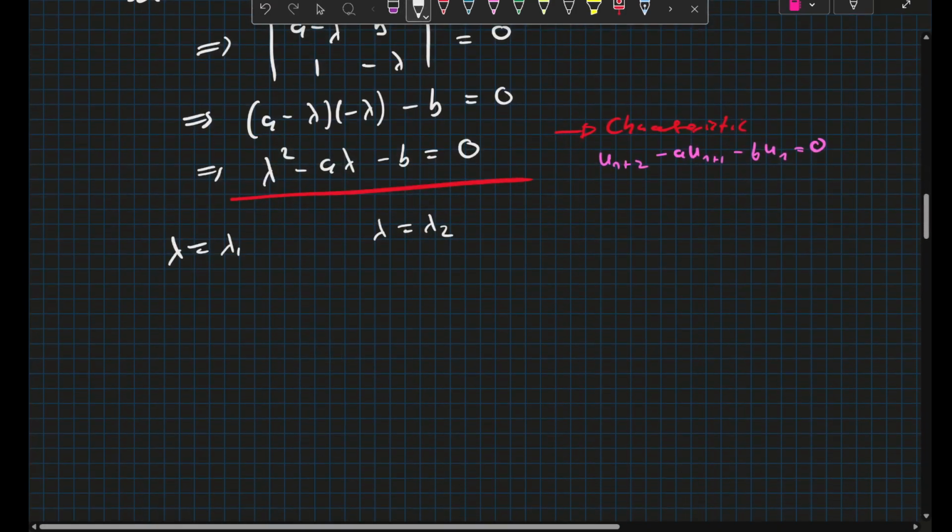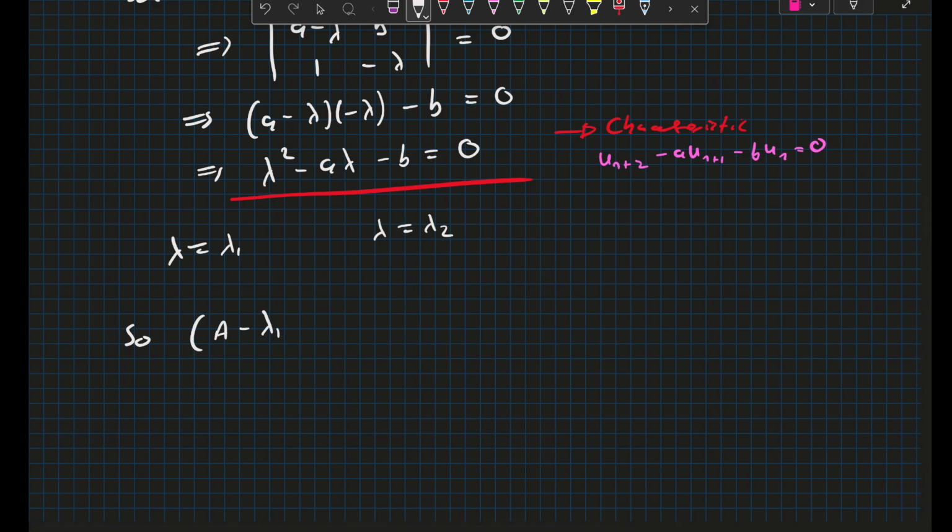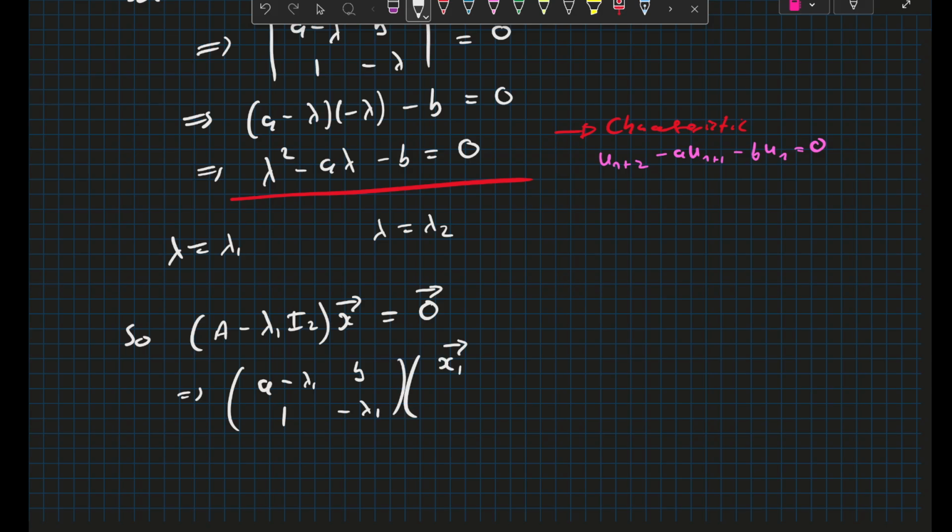Then we know that for these, A minus, in particular, lambda 1 times the identity matrix I2, times the eigenvector x, has to equal the 0 vector through the definition of an eigenvector. So that implies we're going to get the matrix (a minus lambda 1, b; 1, negative lambda 1) times the column vector x1, x2, equaling the 0 vector, which is just a vector with 0's down the column.